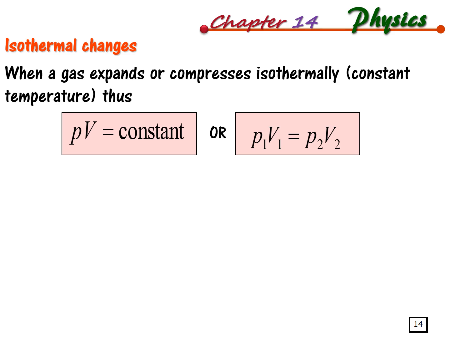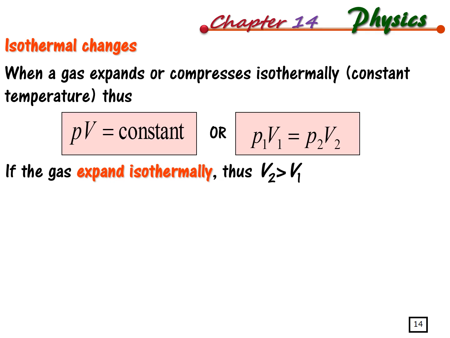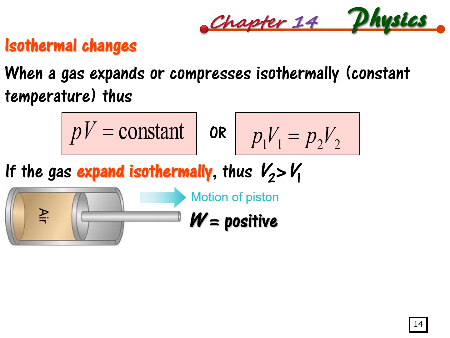When the gas expands isothermally, the final volume will be greater than the initial volume. So the gas does positive work. And then the Q will be positive because Q equal to W for isothermal changes, since delta U equal to 0.